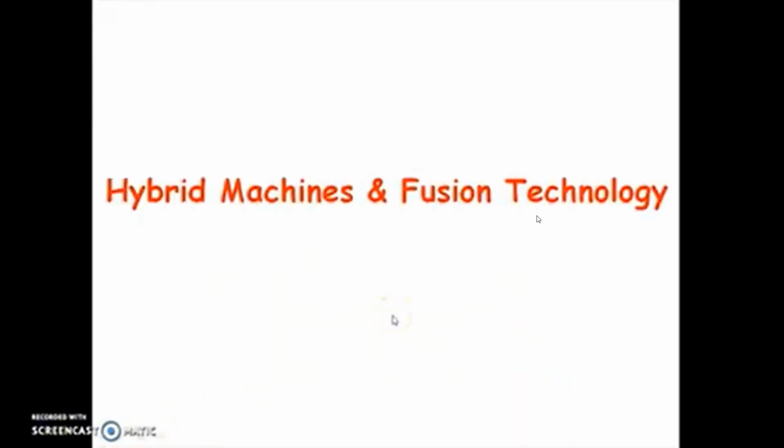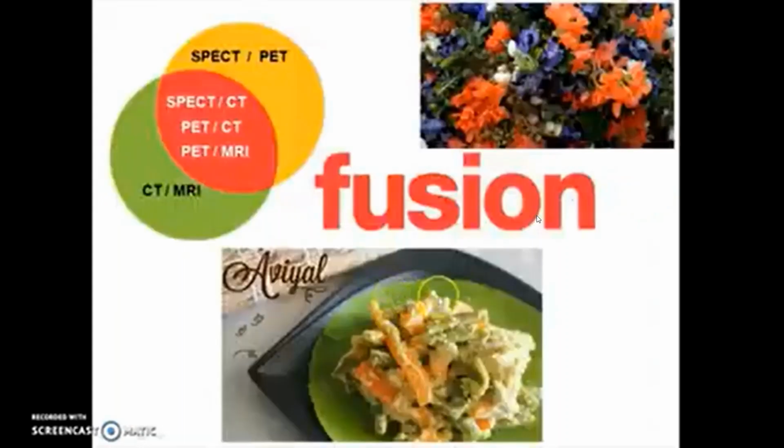Now let us see the last topic of our today's session, that is hybrid machines and fusion technology. Look at this image. You know that CT and MRI give the anatomical information. SPECT and PET give the functional information. When these two are combined, we call it hybrid or fusion imaging.